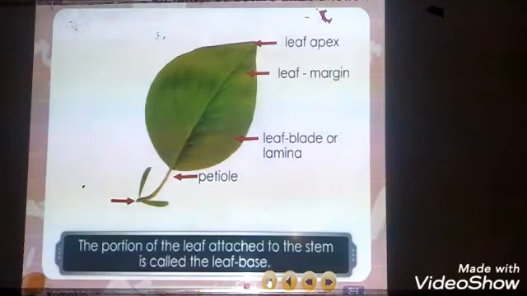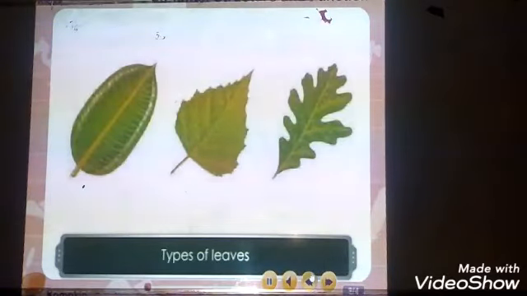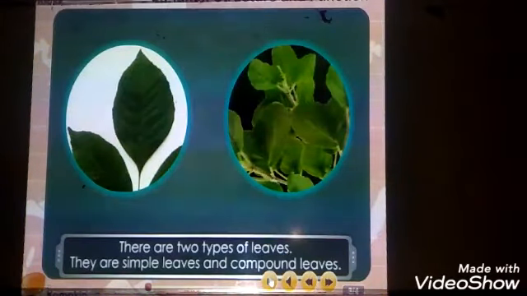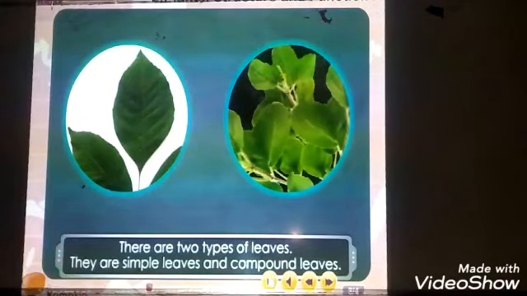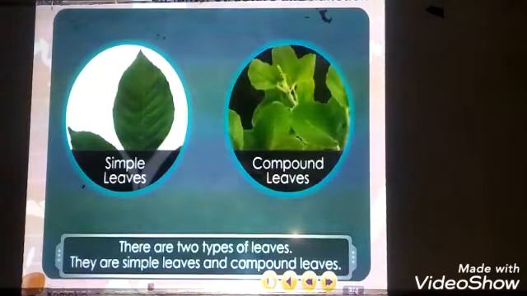The portion of the leaf attached to the stem is called the leaf base. Some small leaf-like structures may be present near the leaf base. These are called stipules. Types of leaves. There are two types of leaves. They are simple leaves and compound leaves.